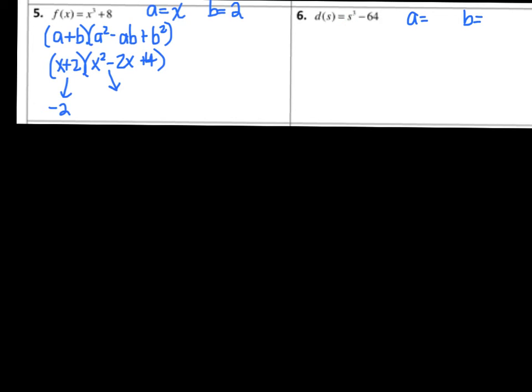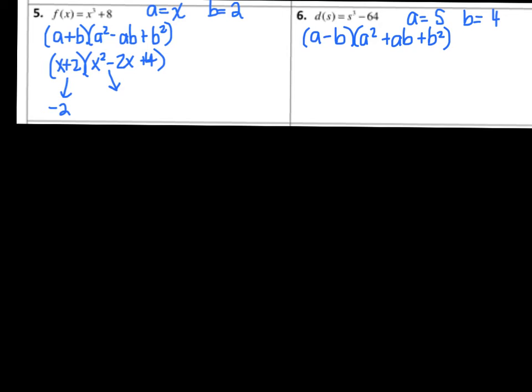So again, s times s times s will give me s cubed, and 4 times 4 times 4 will give me 64. So my formula for difference of cubes, because I have a subtraction sign here, will be (a minus b)(a squared plus ab plus b squared).